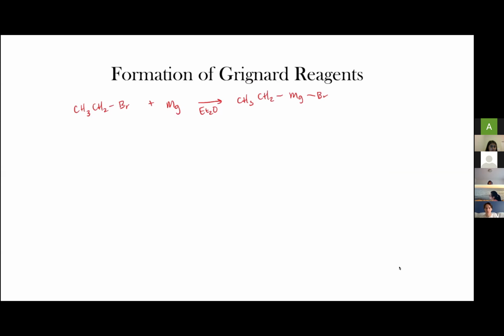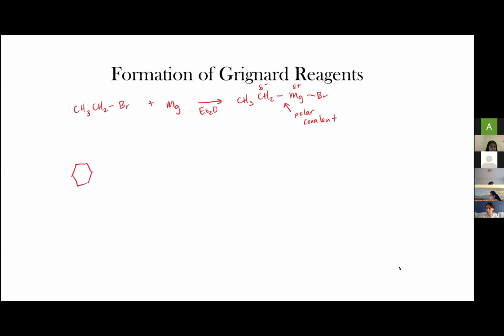Okay, so here we have a polar covalent bond with a strong partial negative on the carbon and a strong partial positive on the magnesium. I'll touch on that a little bit later, but that strong dipole is going to be really important for their reactivity. Okay, so we can take a look at another example.